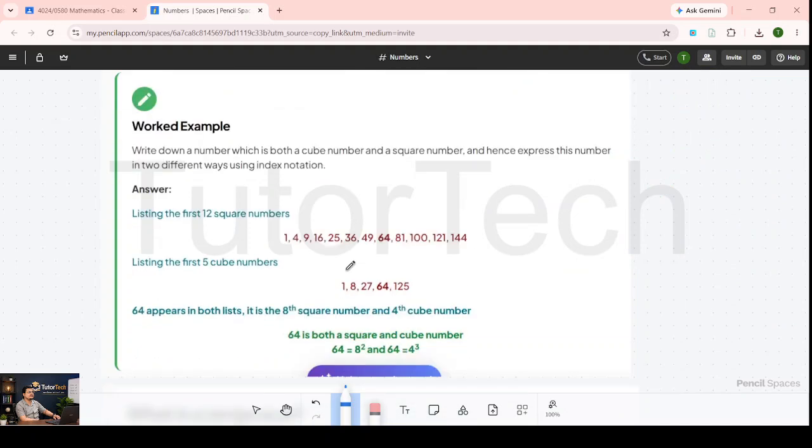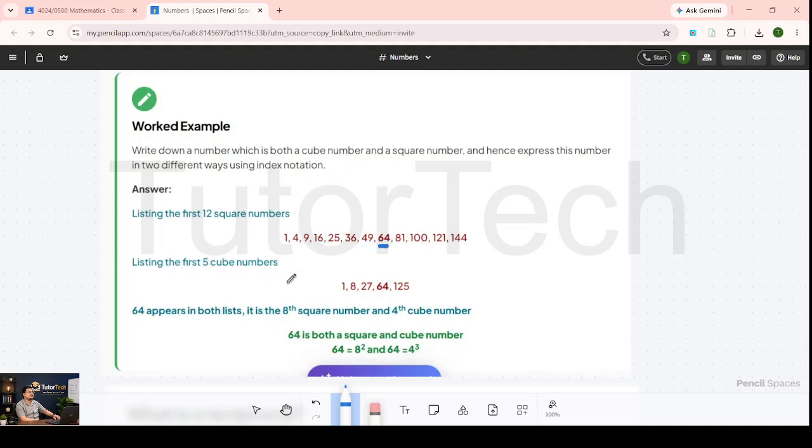We have a worked example here. Write down a number which is both a cube number and a square number, and hence express this number in two different ways. Listing the first 12 square numbers: 1, 4, 9, 16, 25, 36, and so on. In these square numbers, we can see 64.